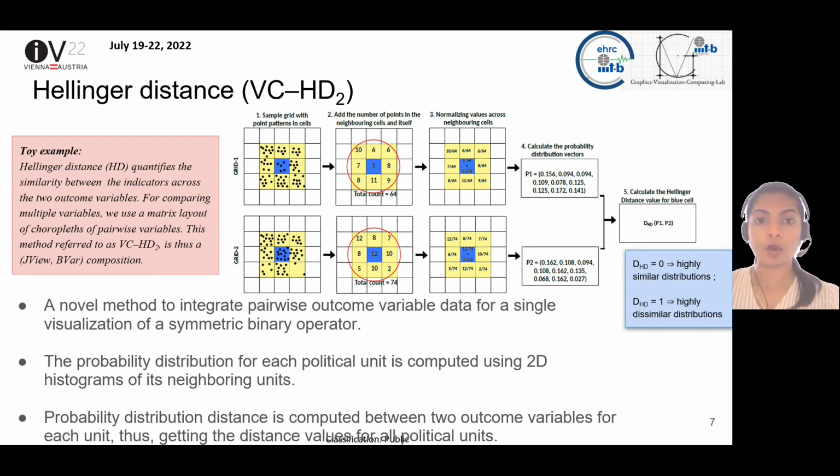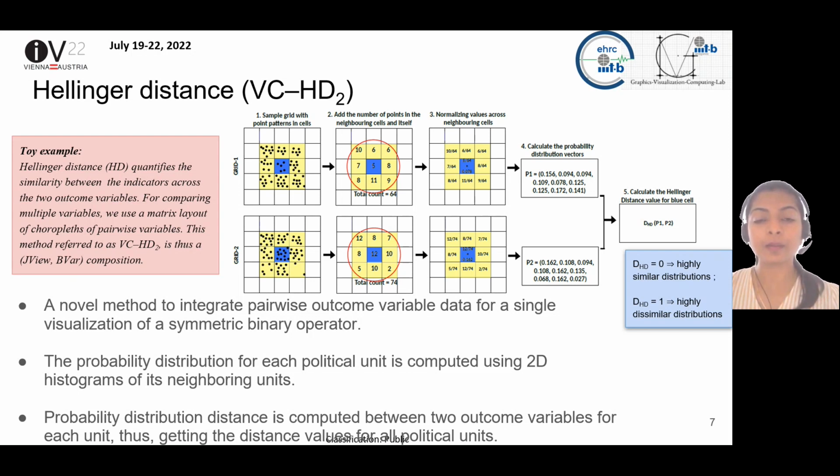We propose a novel method of integration of data pairwise outcome variables to be viewed using a single visualization of a symmetric binary operator. We find the distribution of each political unit, which is district and country and so on, using two-dimensional histograms of its neighbor units.